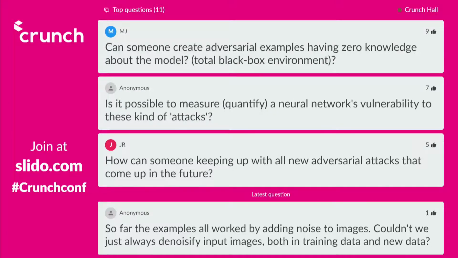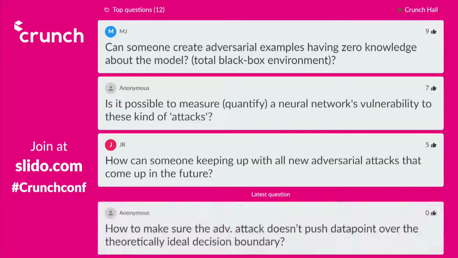So MJ is wondering, can someone create adversarial examples having zero knowledge about the model? Total black box environment. Oh yeah, definitely. That's, if you want, the scary part. It just depends on how much money you have, actually. But there's a lot of literature that you can look into. There's a lot of people who are taking APIs, like the one from Google. There are several companies out there that offer computer vision as an API.